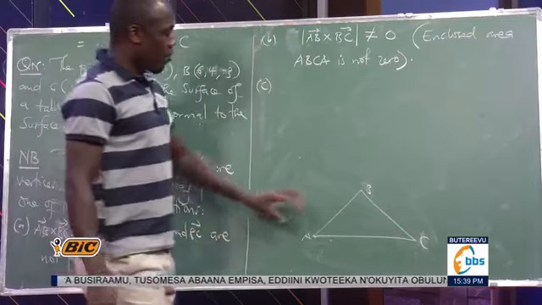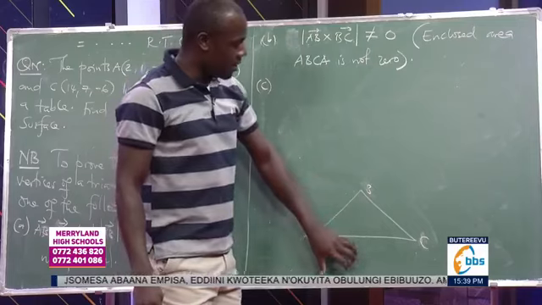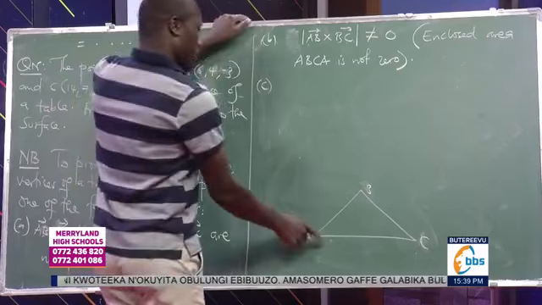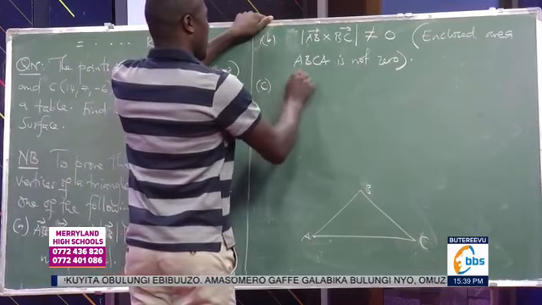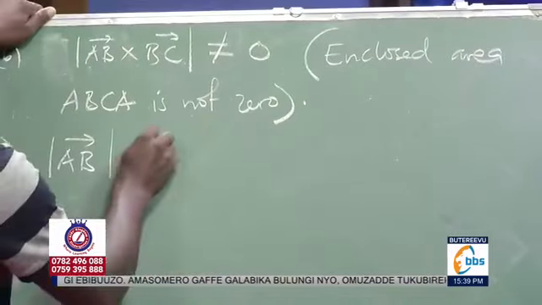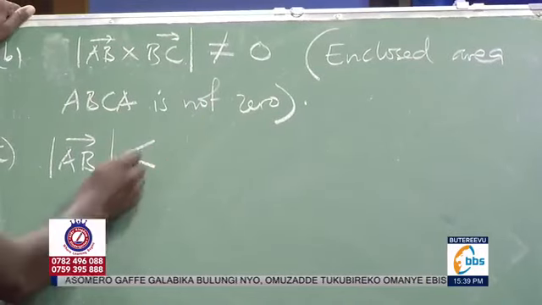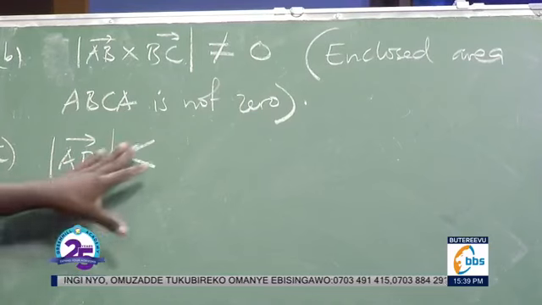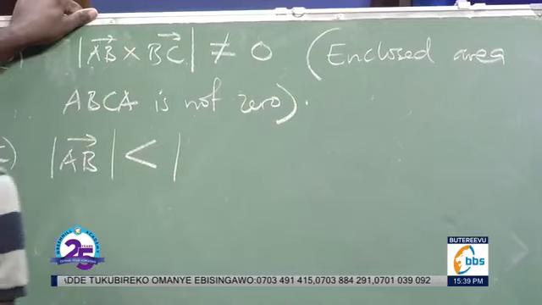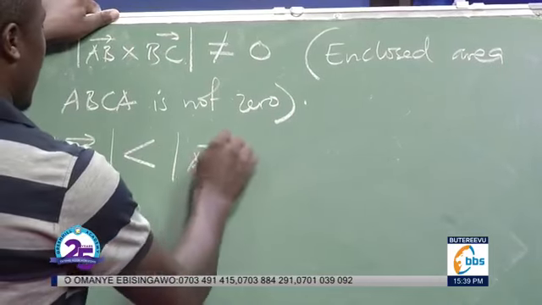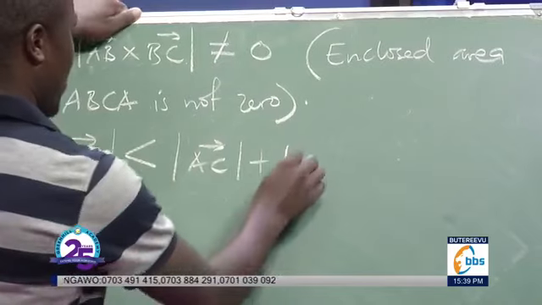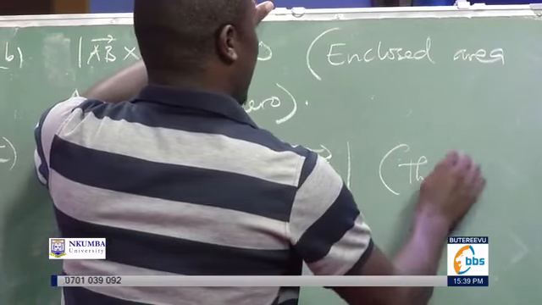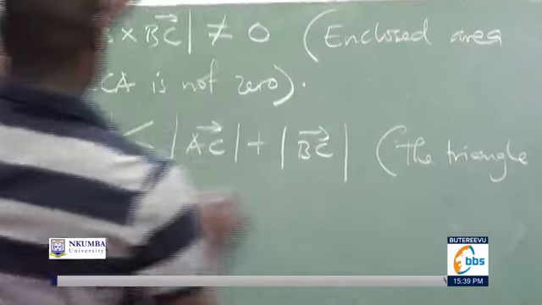In other words, one length is always smaller than the sum of the other two lengths. We could write that the length of AB, for example, should be strictly less, because if we have an equality, then there is a possibility of having collinear points. So it should be strict. That should be less than magnitude of AC plus magnitude of BC. We call this the triangle inequality.